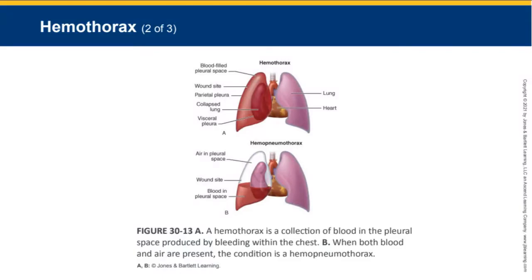So they can have a significant deficit in blood volume. And that's what we are concerned about with a hemothorax. Now, regardless of if it is a hemothorax, pneumothorax, or tension pneumothorax, the management will be the same in the hospital setting. The patient requires a chest tube.